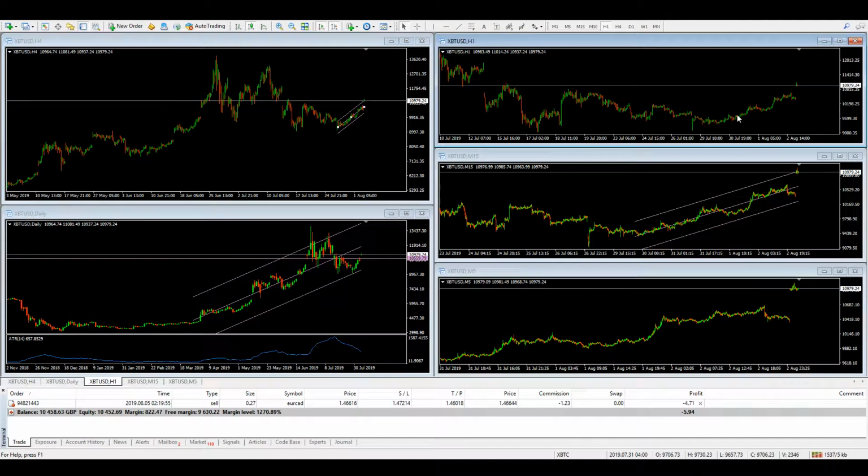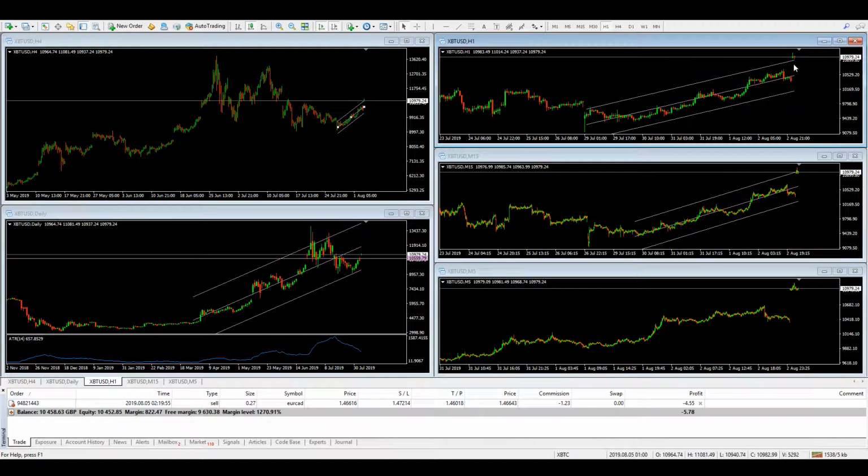What I would want to see is a bit more value for money, and that would mean for the price to come back. So if we use the hourly, in today's session, if we see the price pull back to either this average here, just the standard deviation average, and see some sort of a reversal candle, or candles bottoming out around here, which in fact would also be a support area, right? Because it's come down, it's hit it here.